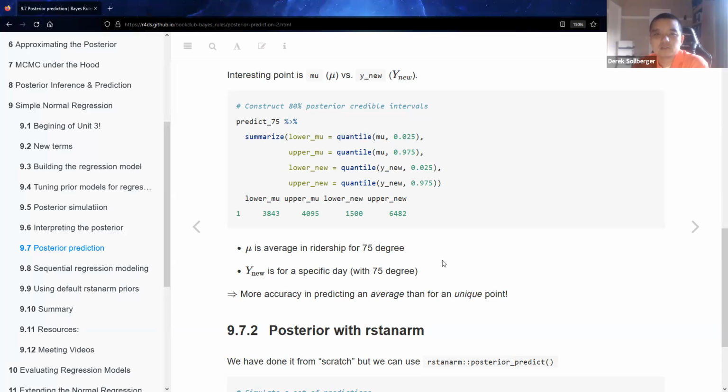There's a lot of changing mindsets over here in Bayesian land. But for now, we could think of more accuracy in predicting for an average than for a unique point. A lot of curious ideas going on there.